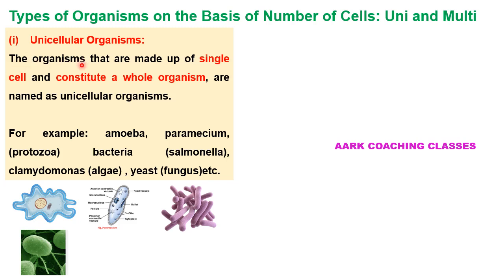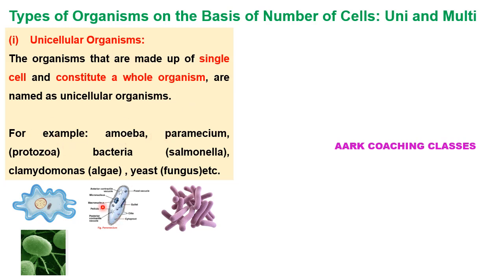The organisms that are made up of a single cell and constitute a whole organism are named as unicellular organisms. Means what? A single cell forms the entire organism. The entire body of a given organism is made up of only one cell or single cell. Those are known as what? Unicellular organisms.